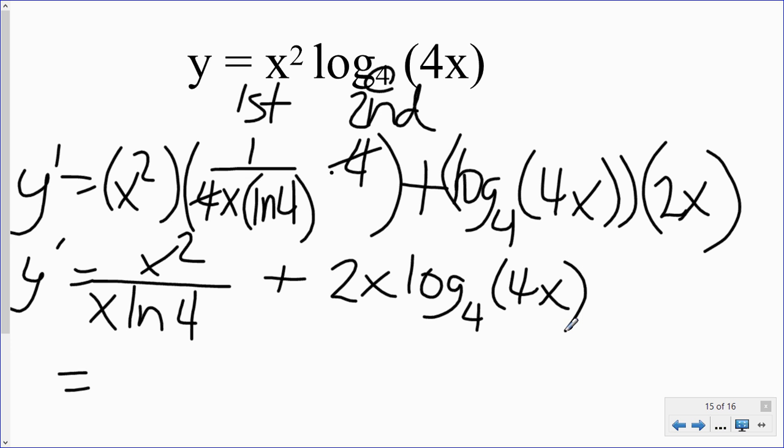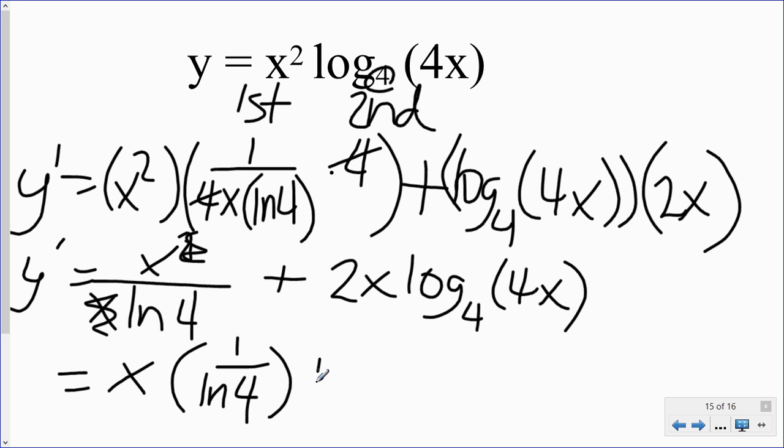And then the x squared over x, those will simplify to just x. And then I am noticing we could factor out an x from each term, which would leave us with 1 over natural log of 4 plus 2 times log base 4 of 4x.